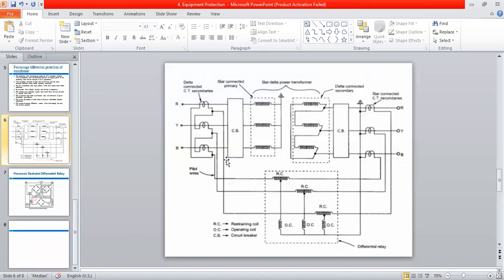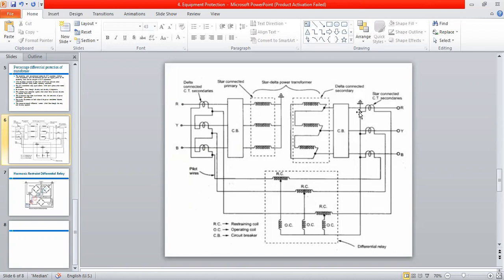Now these CTs are connected to each other. Just see how these are connected. See here, when we are considering the R phase CT, at that time it is connected here to again the R phase CT at the secondary side.